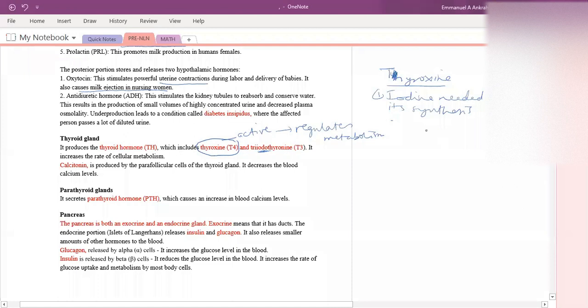So deficiency leads to goiter. Goiter, that means swollen thyroid.